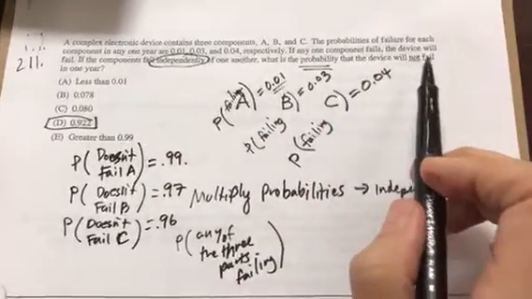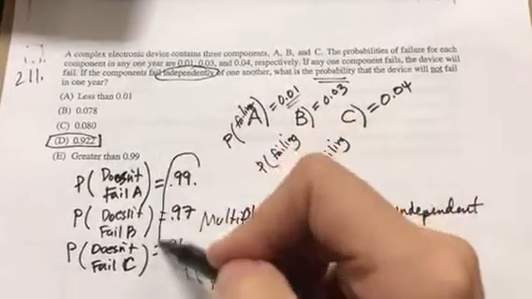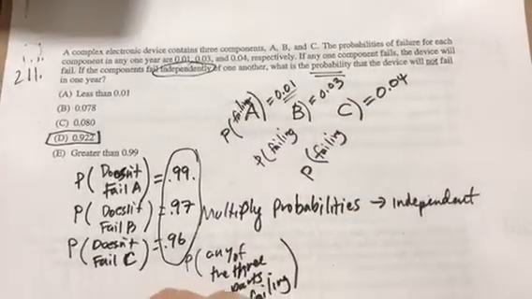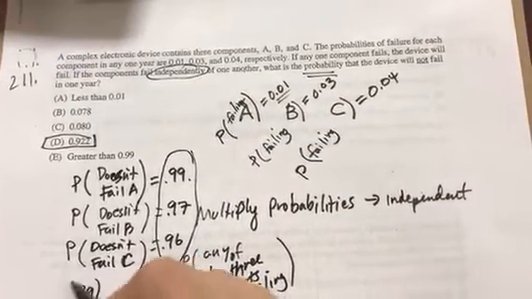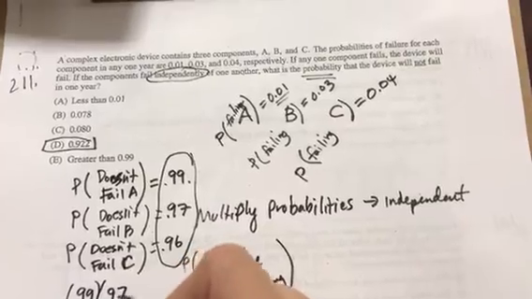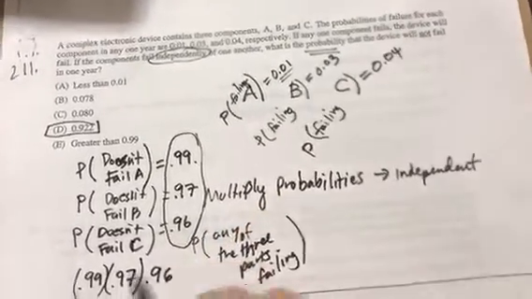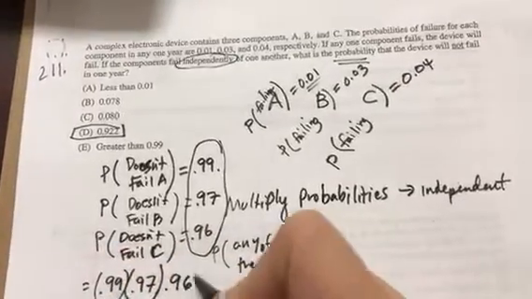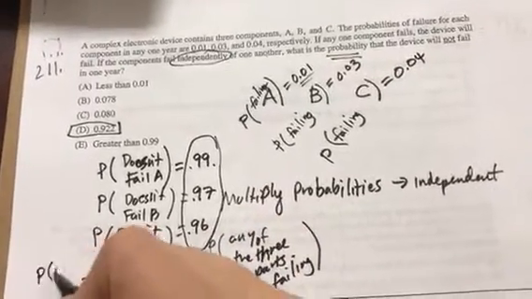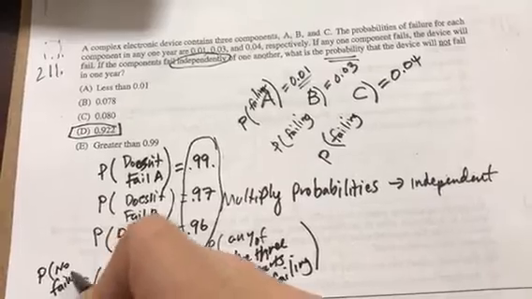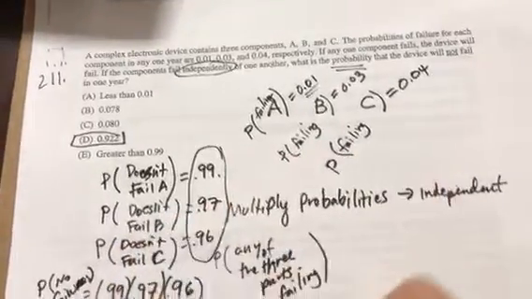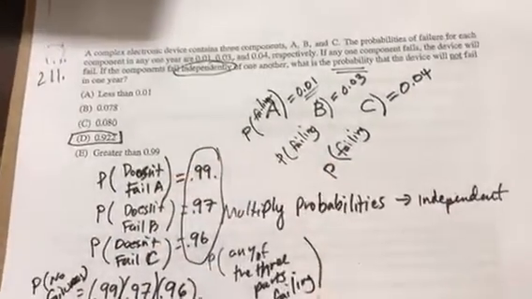So the probability that nothing fails at all would be these three events happening simultaneously. And once again, if they're independent, I can multiply them all together. So when I multiply these three probabilities together, this is the probability of no failures and I end up getting D.